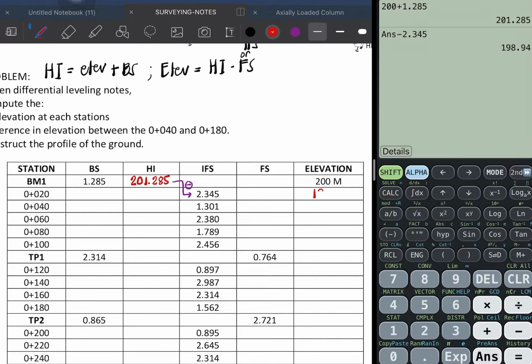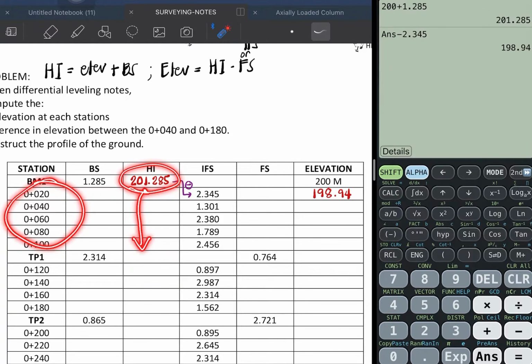That is 198.94. No need to solve again for the height of instrument since you have the same one; you only have the stationing. If that's the turning point, you have another height of instrument.